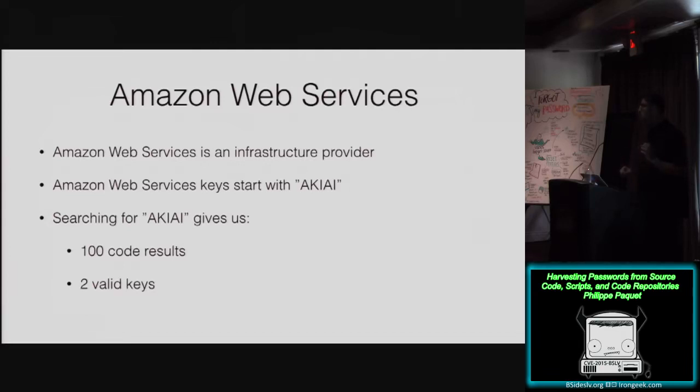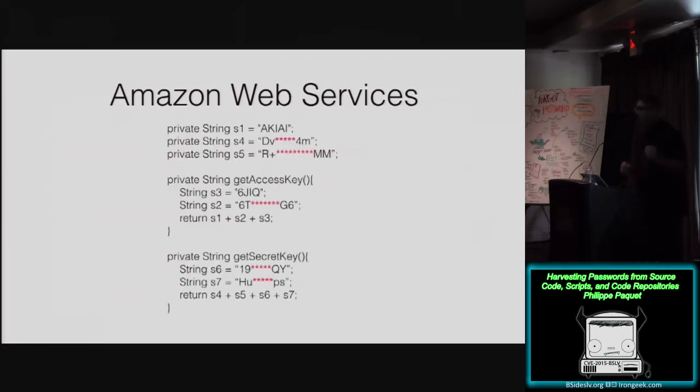If you just search AKI, you get 100 code results, you get 2 valid keys, and you get something kind of interesting: people trying to hide their Amazon key in public source code by breaking the key in parts. The only problem with that technique is that the characteristic part of the key was kept intact. So that's very inefficient. Don't do that.